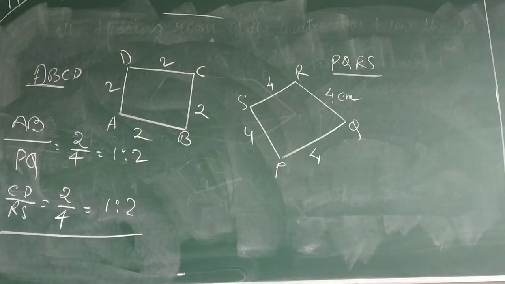Now let us come back to what I told you a little above. There were two hexagons where we got equiangular angles, and there we got the sides in proportion. Those hexagons ABCDEF and PQRST were similar. But now come to the square and rhombus. There the sides are in proportion.